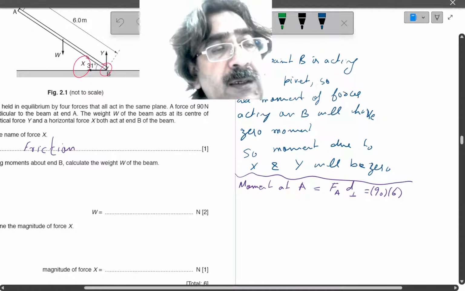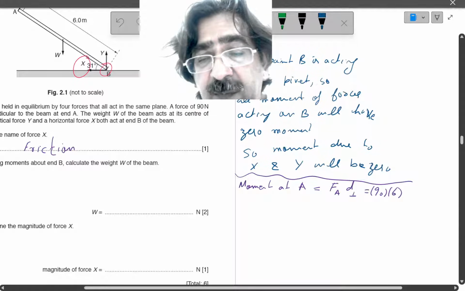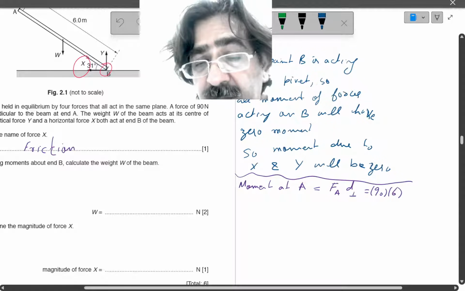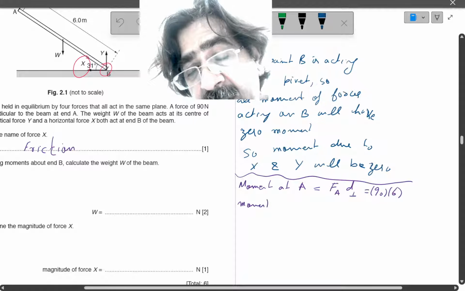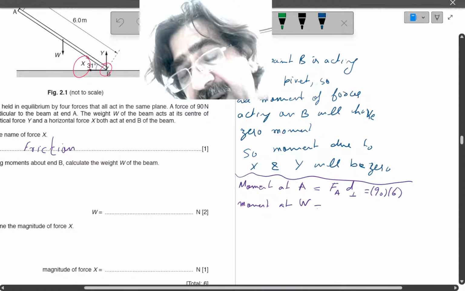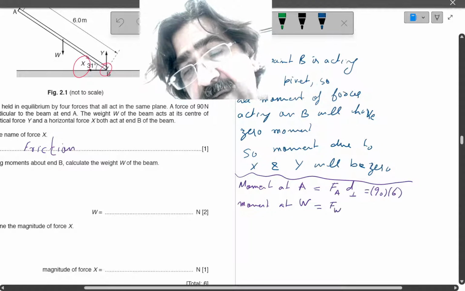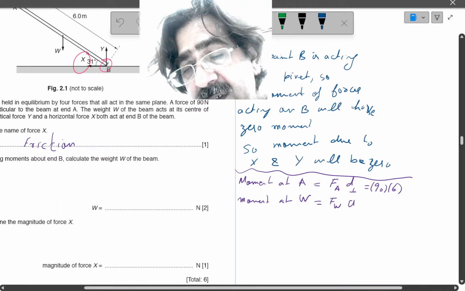So this will be the moment at A, and the moment at the W point will be the weight force and the perpendicular distance.